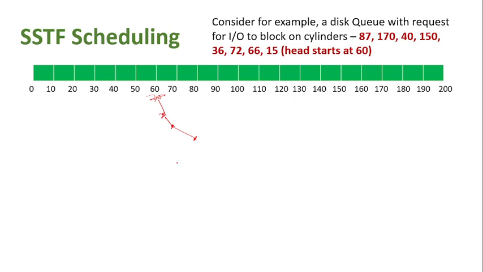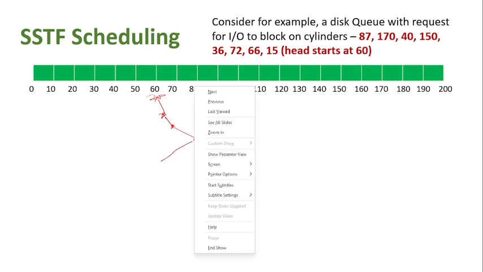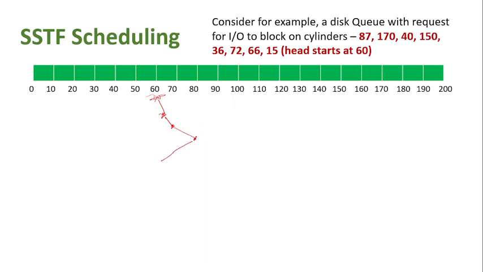Then from 87 the next nearest is the 40, which will travel to the opposite side. And this is the 40.